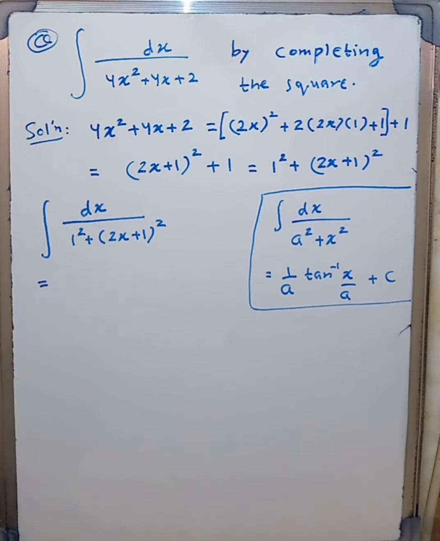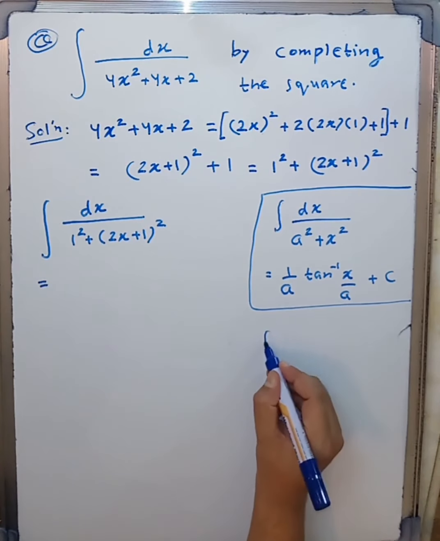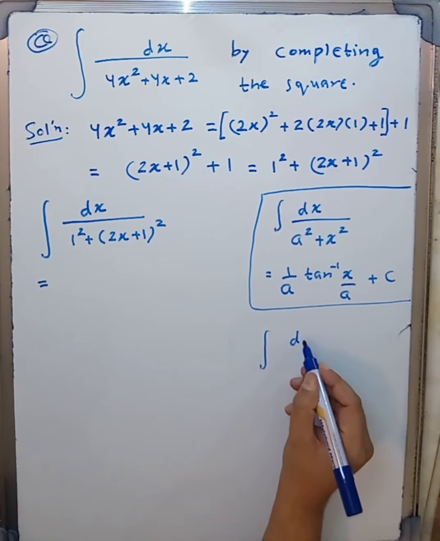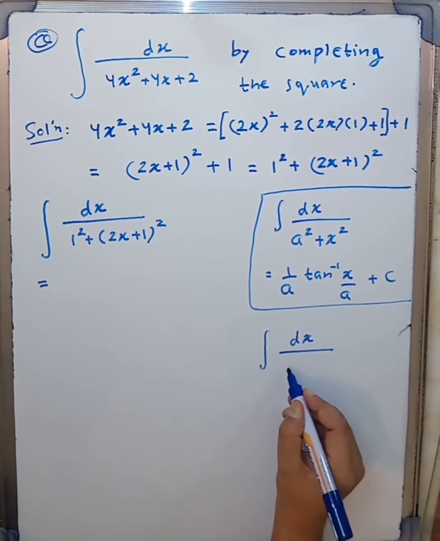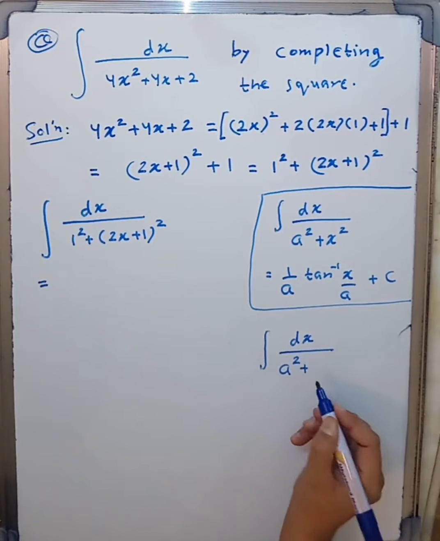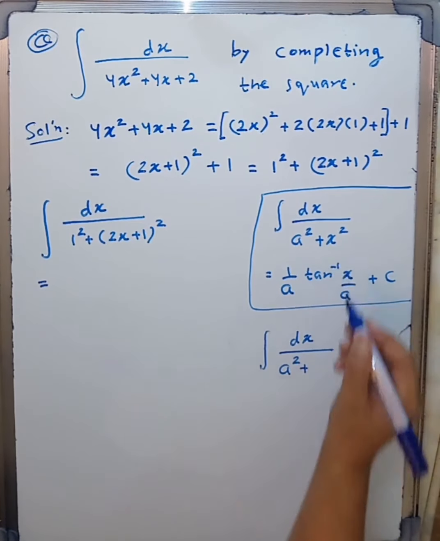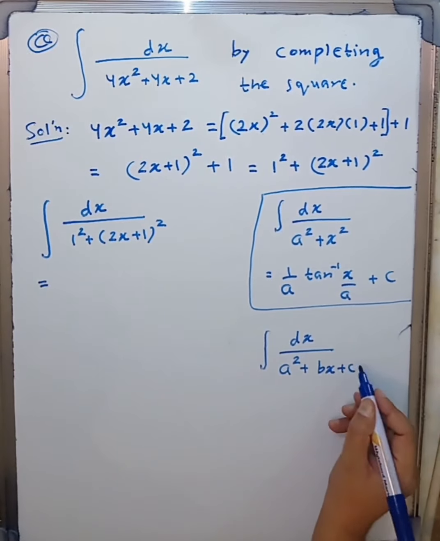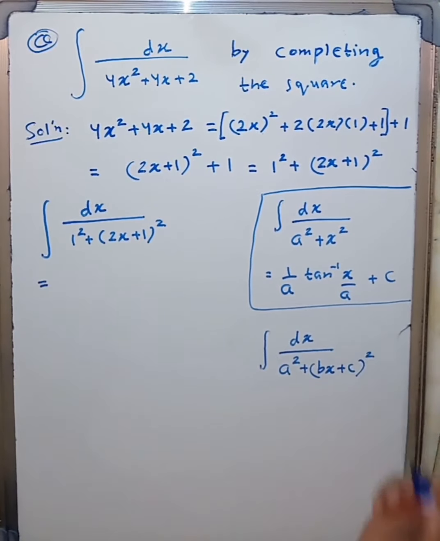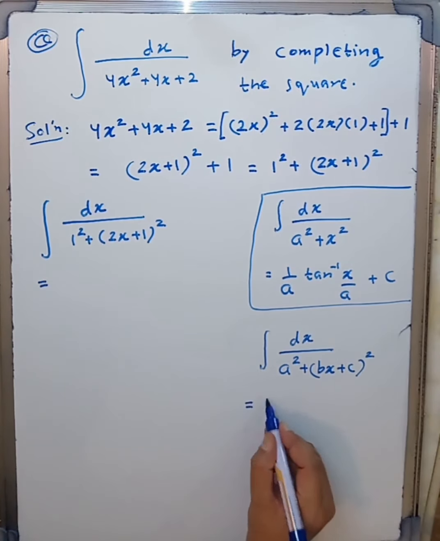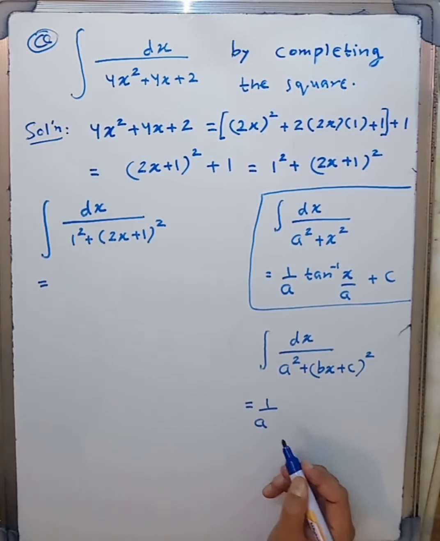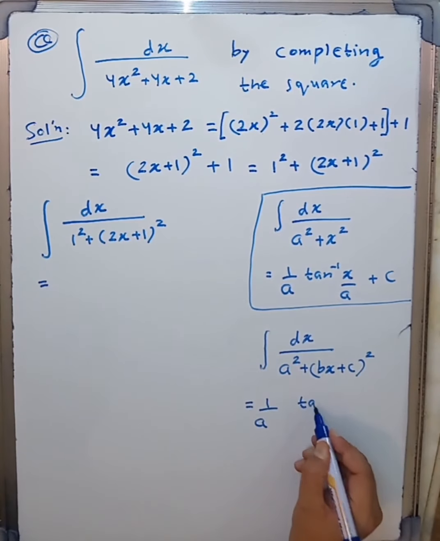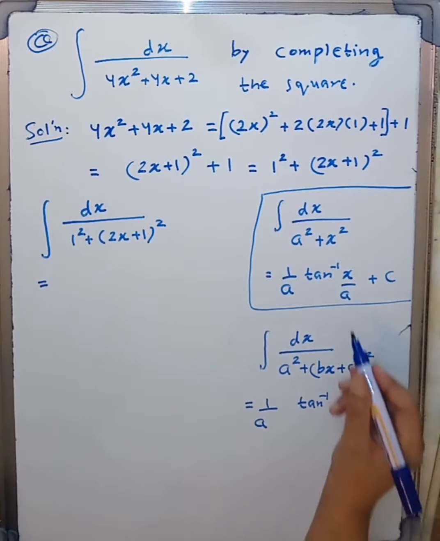And we have discussed that if in the formula we replace x by any general linear factor, suppose bx plus c whole square, then also the formula remains valid, and this will be equal to 1 by a tan inverse x.